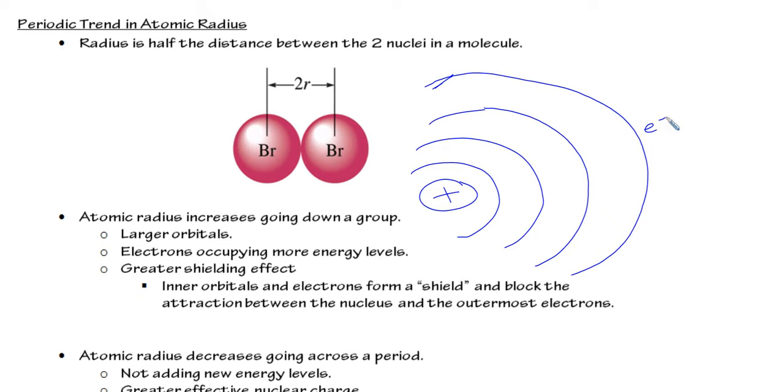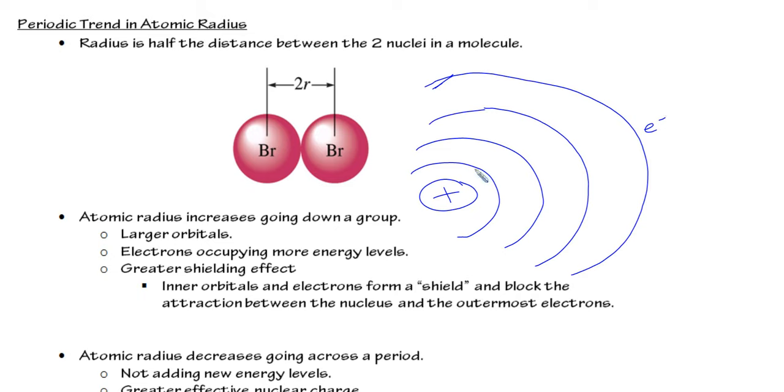Now he's held to the atom by the fact that the nucleus is positive, the electron is negative. Opposites attract. However, as you get these bigger atoms, not only is the atom bigger because the electron is farther from the nucleus, he's in the 4th energy level versus the 1st or the 2nd energy level, but you also have more electrons. We call these core electrons.